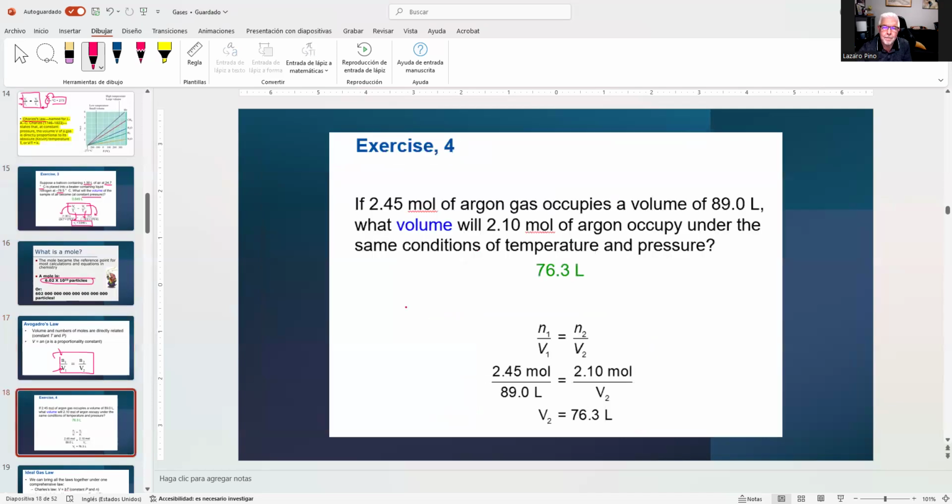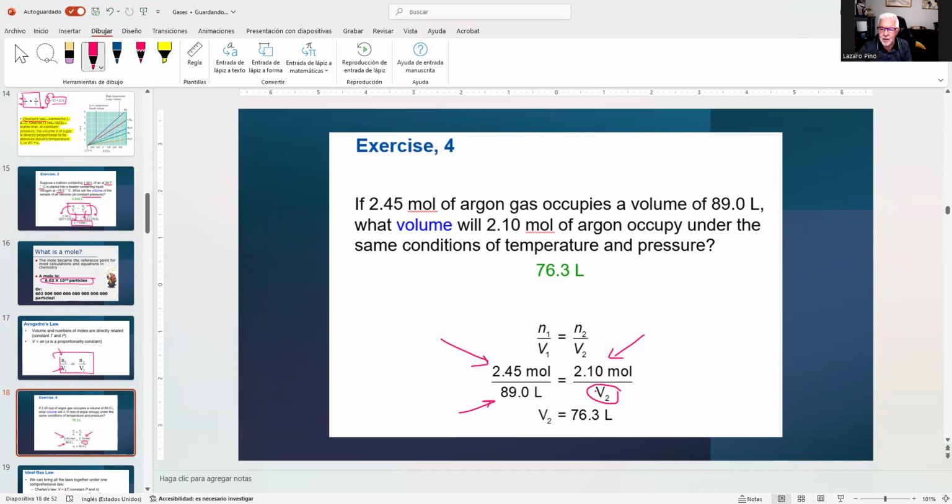For example, 2.54 moles of argon gas occupies a volume of 89.0 liters. What will be the volume of 2.810 moles?